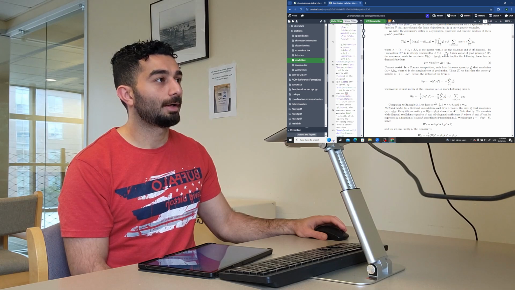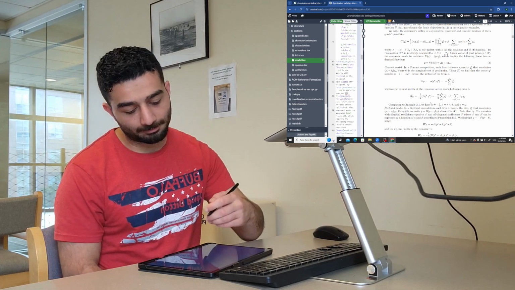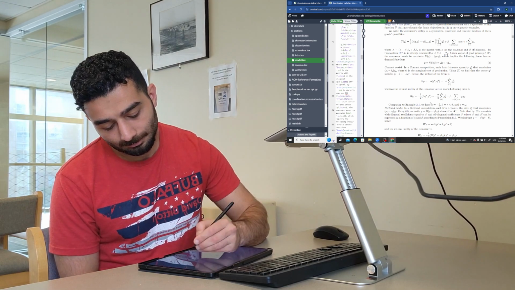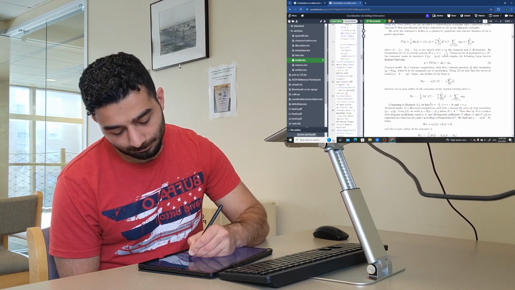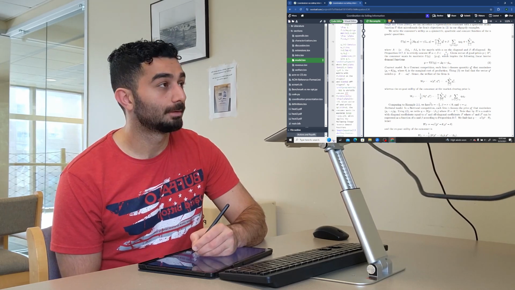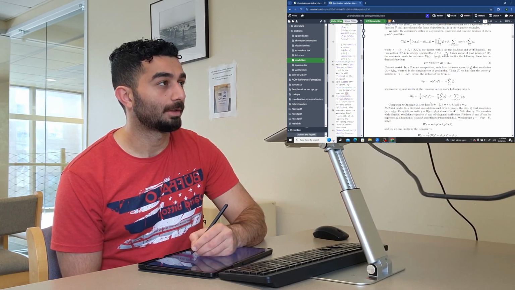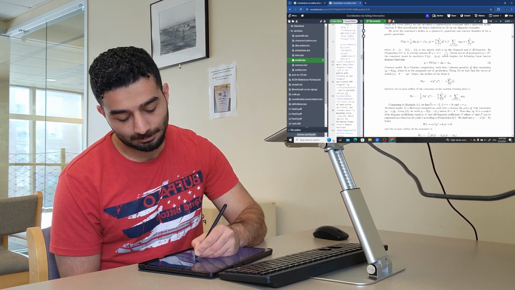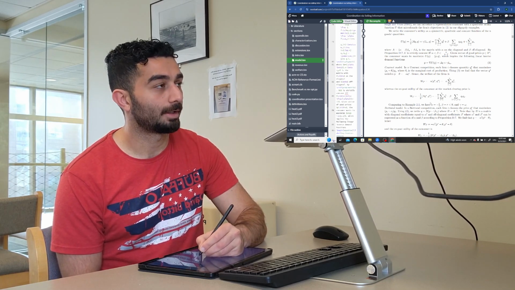Beta is R, and beta is between minus alpha and alpha over n minus 1.